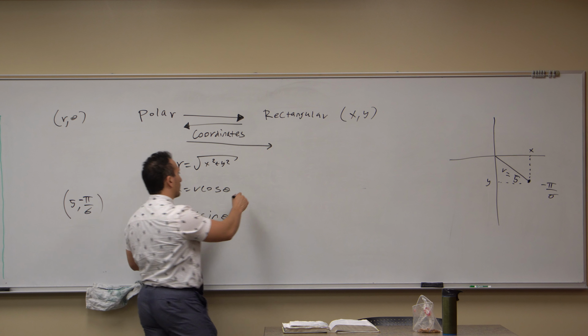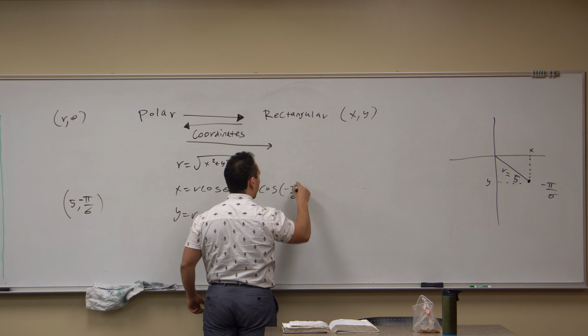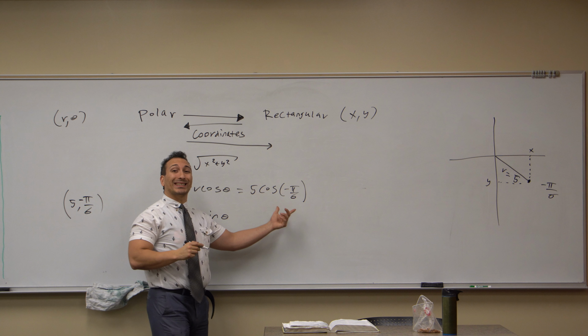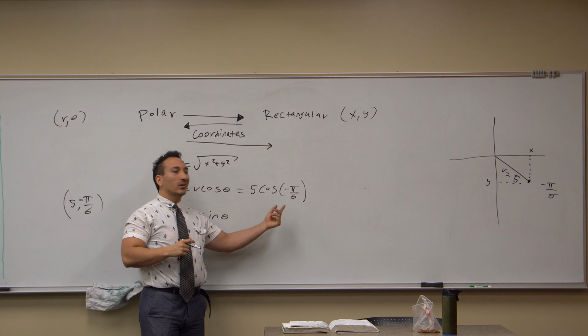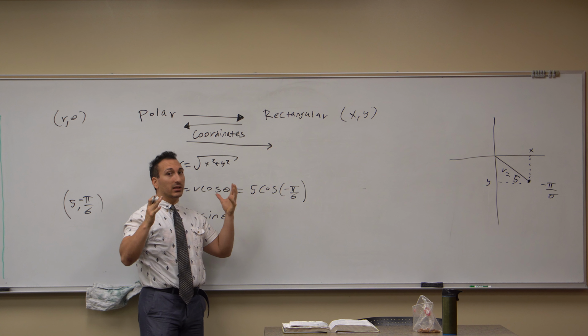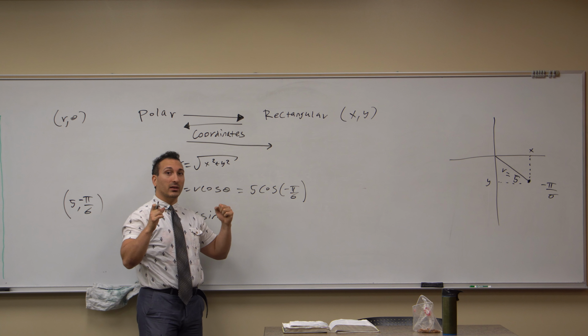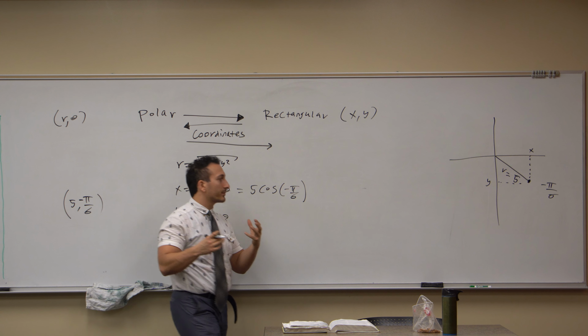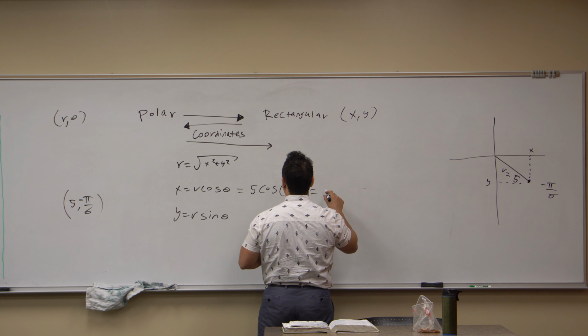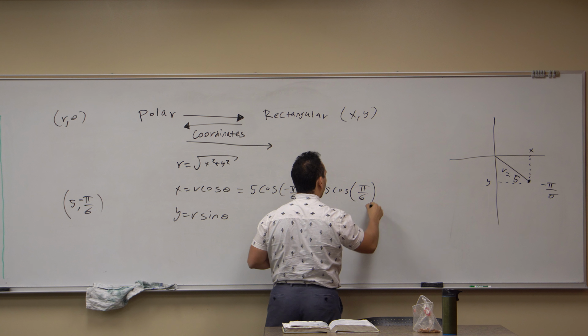And so over here, I can change this to 5 cosine of negative pi over 6. As cosine is an even function, the negative inside goes away, because cosine of negative theta is the same thing as cosine of theta. And this equals 5 cosine of pi over 6.